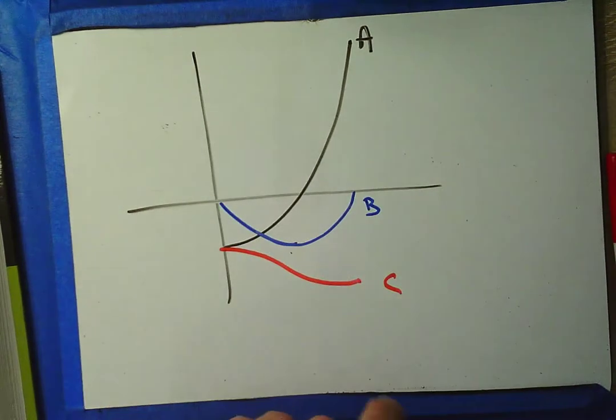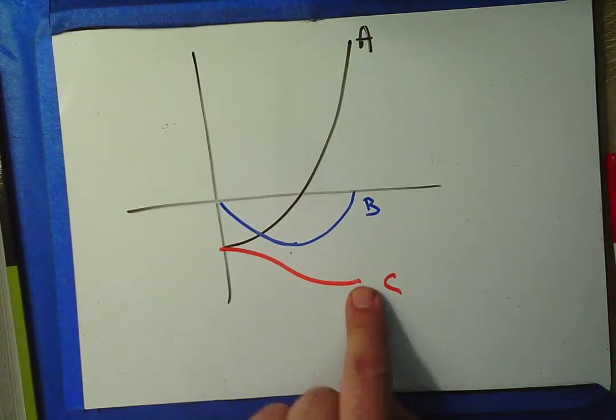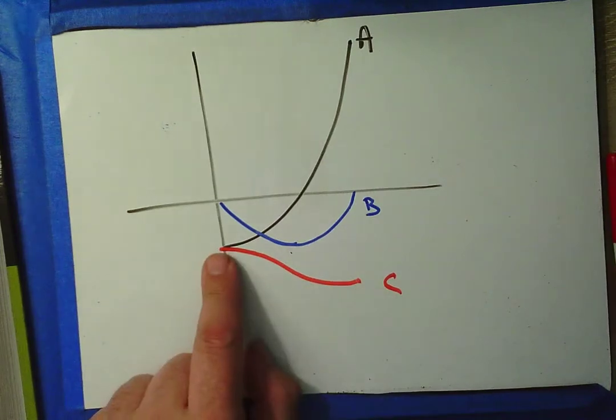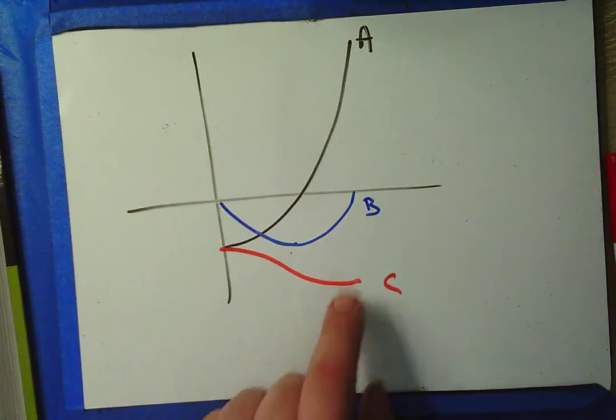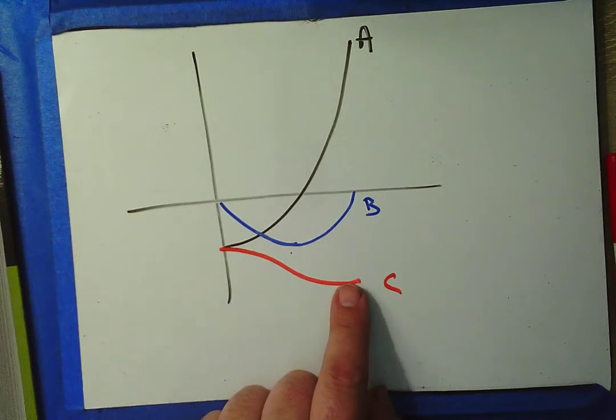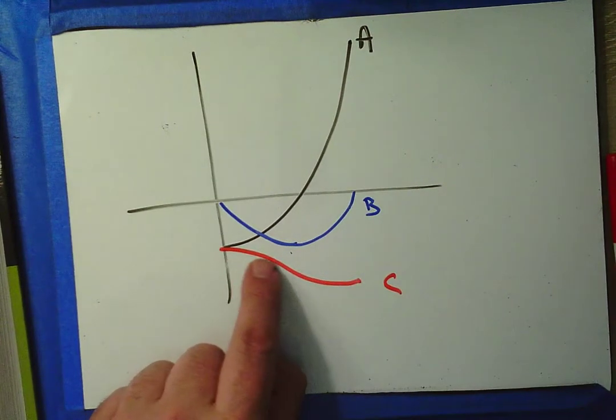I see some zeros on B, and on C, this kind of looks like a 0 slope, and this kind of looks like a 0 slope. So I think B is going to be the derivative of C. Let's just check the slopes on C.